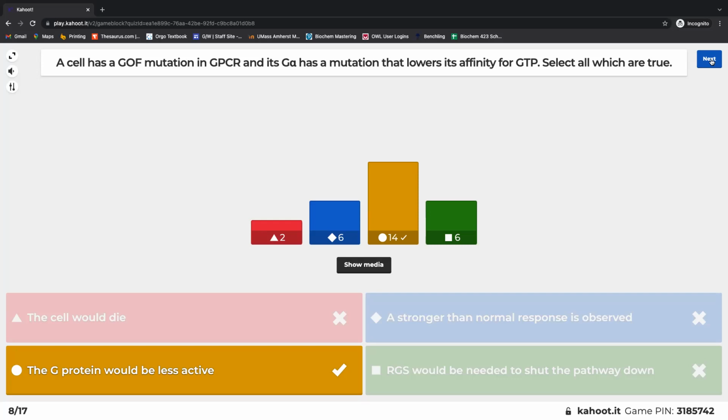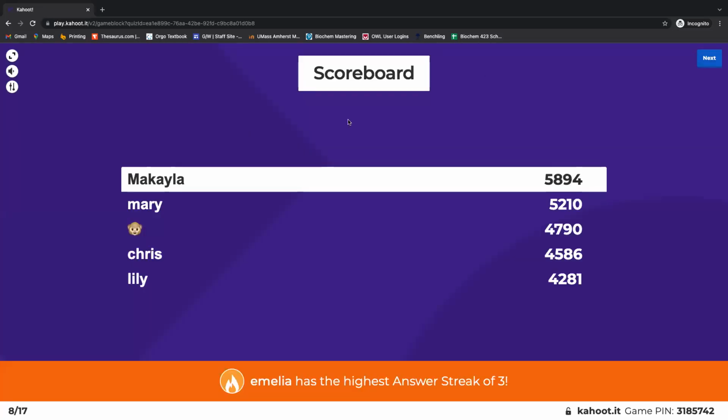And then the green is not true because, if G alpha is not even active, then you don't need a GAP to deactivate G alpha. The point of the GAP is to go from GTP-bound to GDP-bound. If G alpha doesn't have affinity for GTP, the GTP doesn't hydrolyze to GDP, it just comes off.